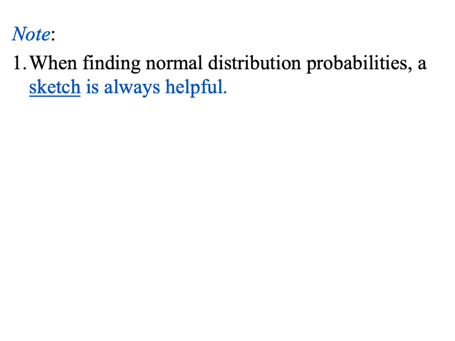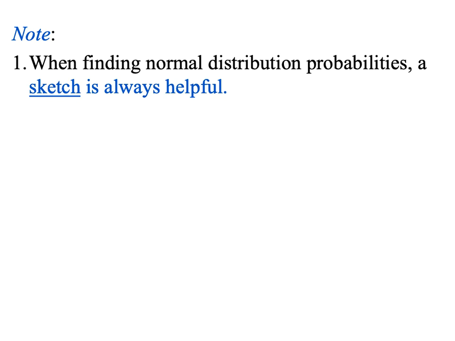Well, first off, while you're doing these, sometimes it's really helpful to create some sort of sketch, because if you are finding your z-score of this one to this one, or 1.2 to 3.0 or something, it's helpful to see what that looks like, so that way you can actually get a plan of attack and calculate these a little bit easier.